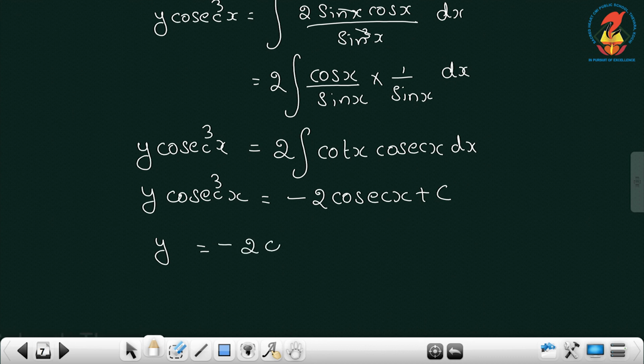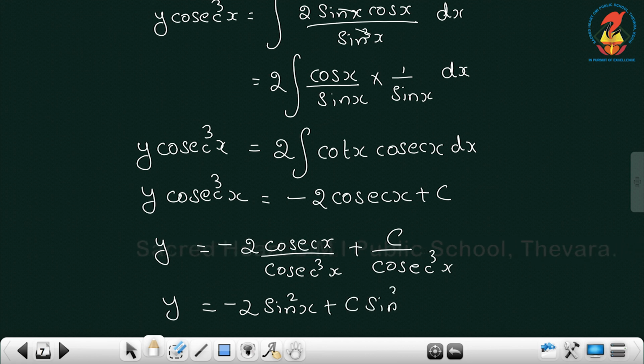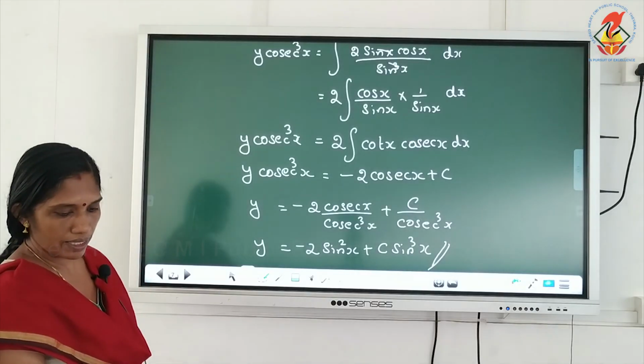So minus 2 cosec x by cosec cube x plus c by cosec cube x. So y is equal to minus 2, one cosec cancels, so the denominator is cosec square, that is the same as sin square x, plus c sin cube x. So that's the final answer.